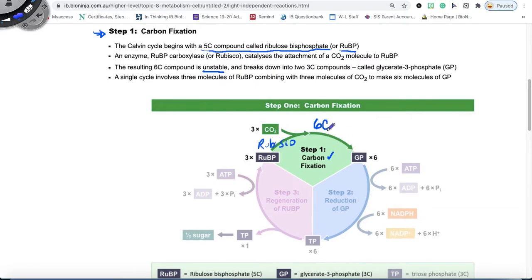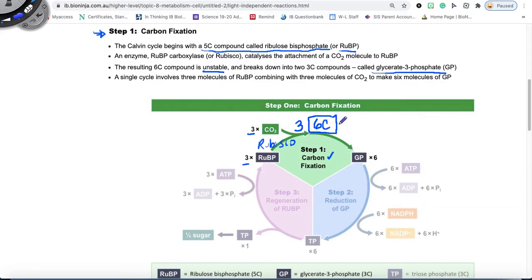Now, this 6-carbon compound, because it's unstable, is going to break down into a 3-carbon compound called glycerate 3-phosphate. So, how many 6-carbon compounds are we going to make in this process? Since we start off with 3 carbon dioxides and 3 ribulose bisphosphates, we're also going to make 3 6-carbon compounds.